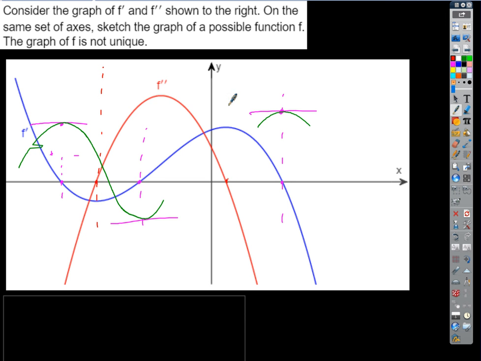So here's another place where we're going to have a change in concavity, right? Something like that. Right, there's an example of something that would work.